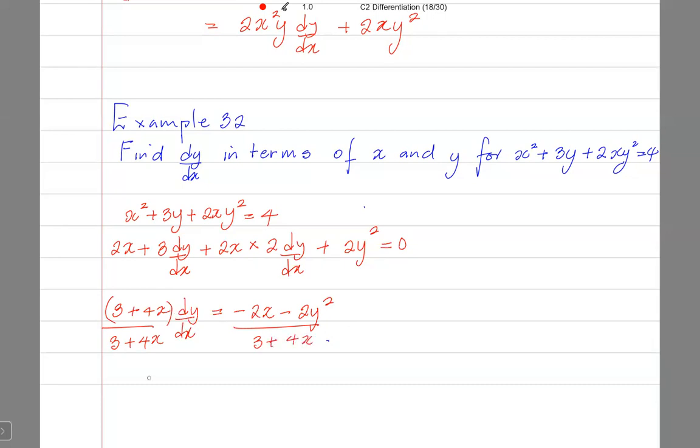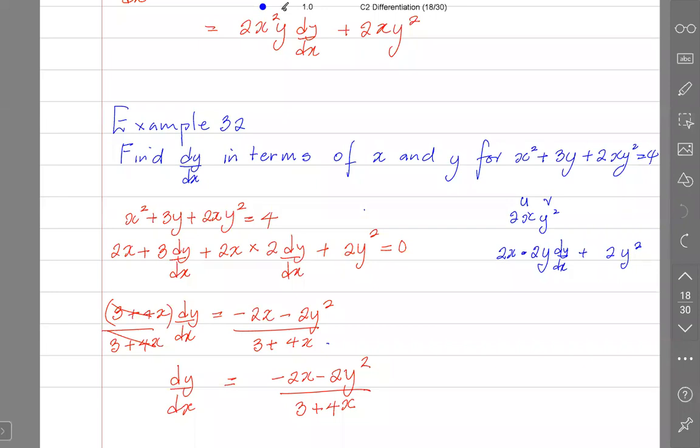And so this cancels that, dy by dx is equal to minus 2x minus 2y squared all over 3 plus 4x. So we were asked to find dy by dx in terms of x and y, and that is exactly what we did.